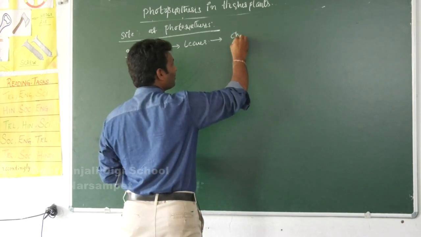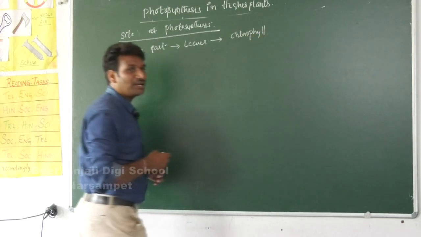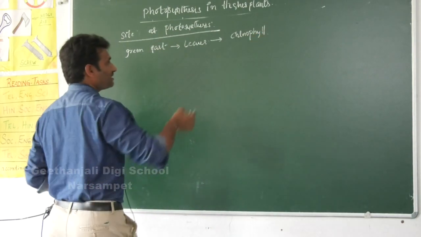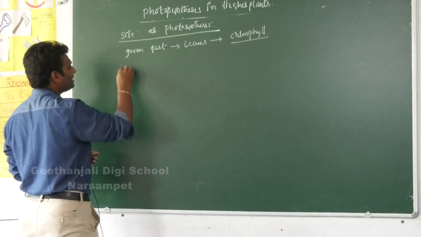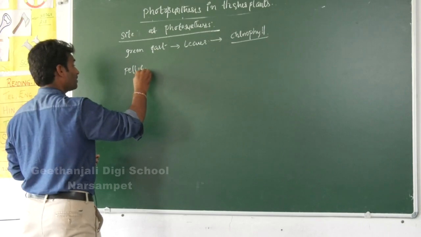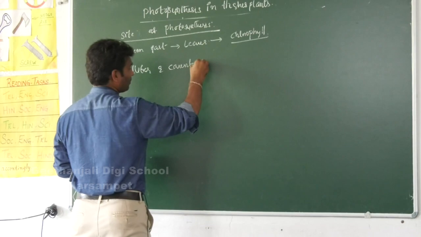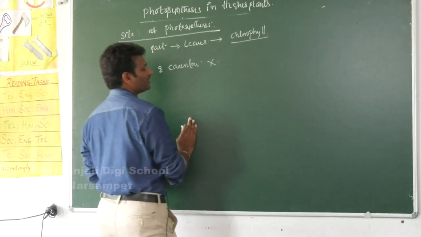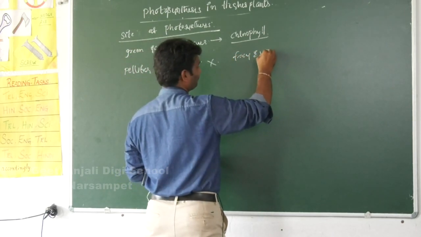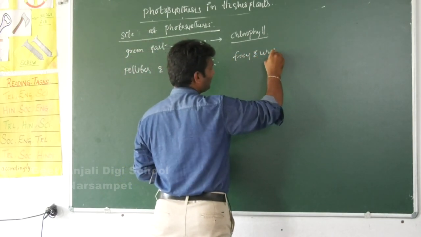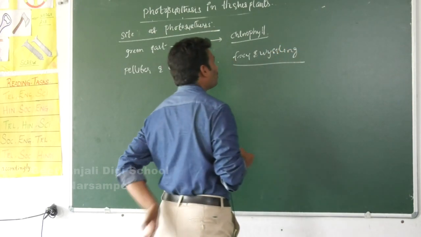The pigment is known as chlorophyll. The name chlorophyll was given by Pelletier and Caventou, and the chemical structure of chlorophyll was given by Fischer and Willstätter.